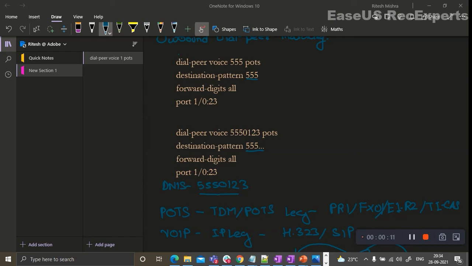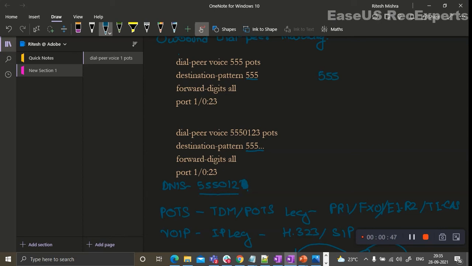So when your called number is 5550123 or 012, it will match both dial peers, because even if 555 does not have a period or any digits after it, it is a probable match, since the router supports variable length dial peer matching.